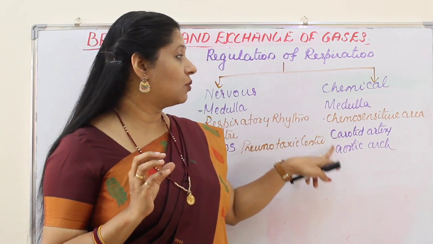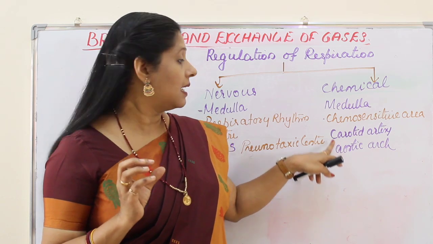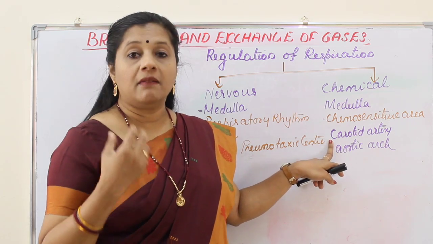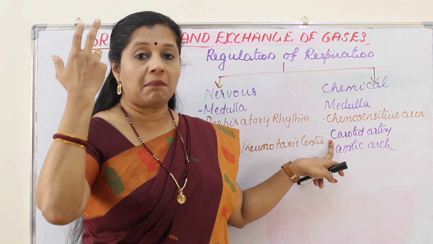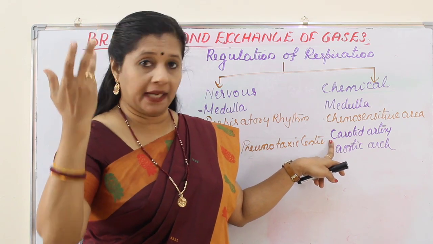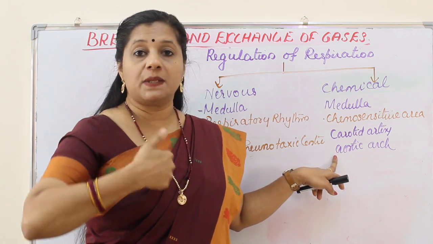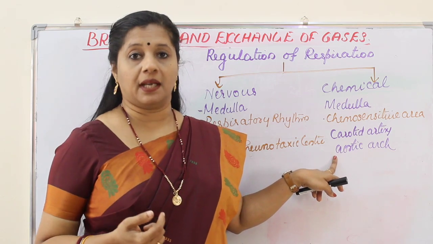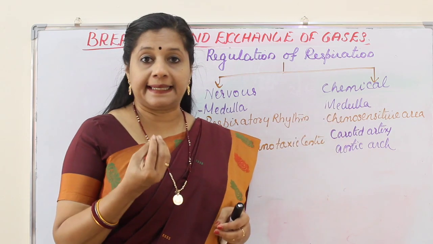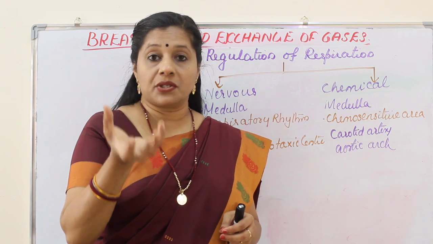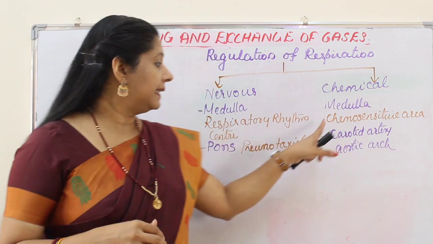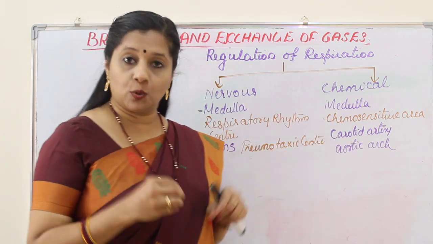Apart from that, we have two more chemoreceptor centers. One is carotid artery. We have a pair of carotid artery supplying blood to the brain, and also the aortic arch, which is coming out of the aorta. Okay, so these parts will detect the high concentration of CO2 and it will tell pneumotaxic center to do something.